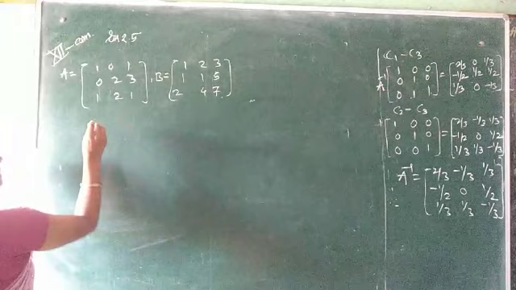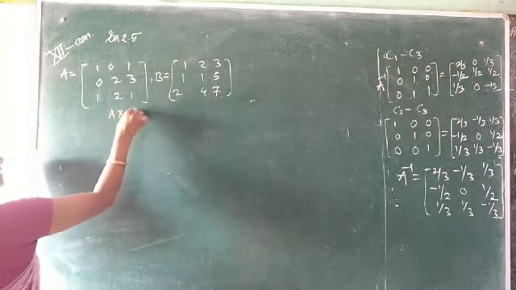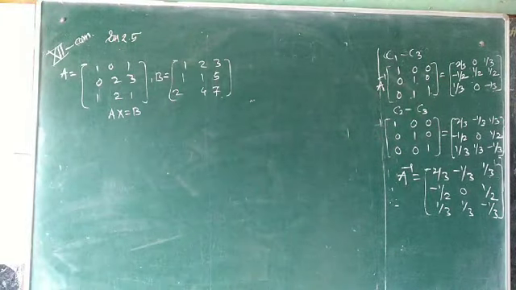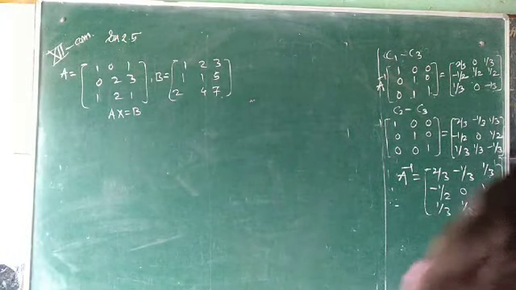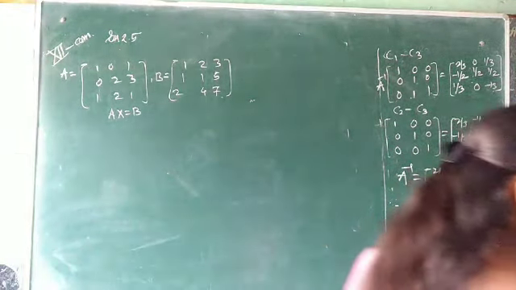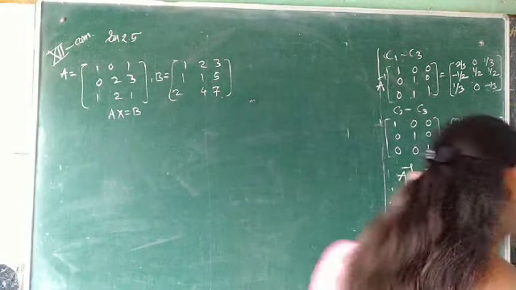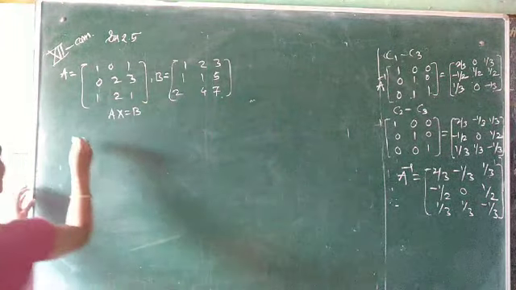Then find matrix X such that AX is equal to B. Here we have given two matrices and one condition, that is AX is equal to B. Here we can use any method, row transformation or column transformation. Here we use column transformation.